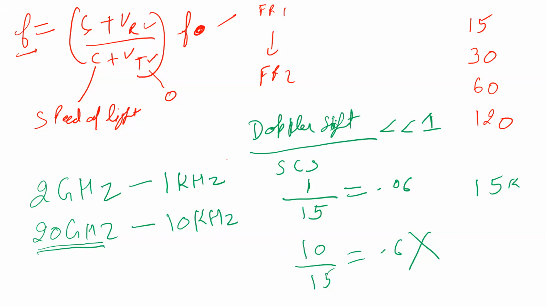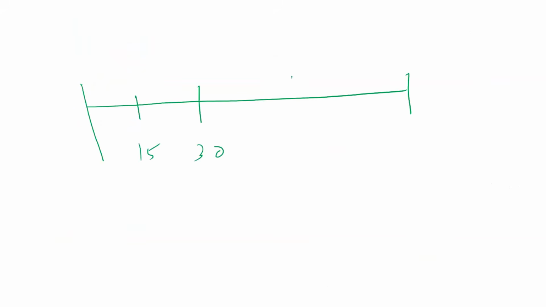Let me explain. Suppose we have subcarrier spacing of 15, here 30, here 60, and so on. In case of 15 and in case of 1 gigahertz, suppose our Doppler effect is just this amount, right?